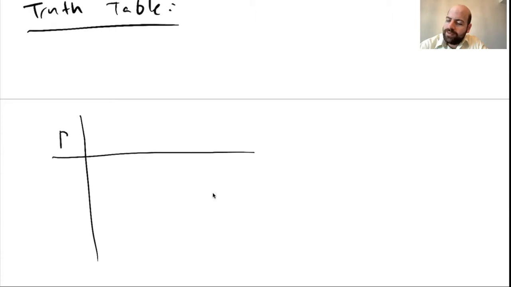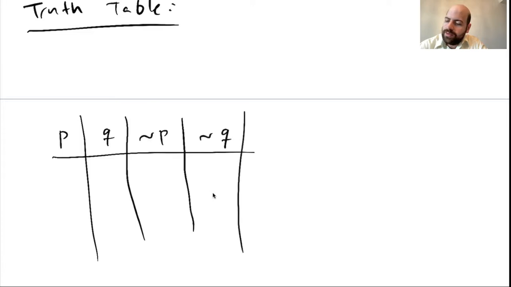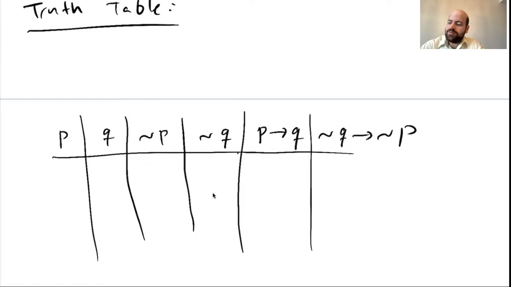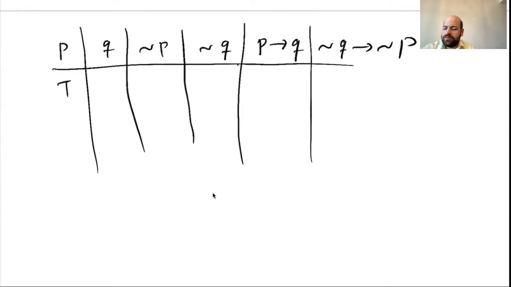You can see we have P, Q, negation P, negation Q, P implies Q, and also negation Q implies negation P. For P and Q we have true, true; true, false; false, true; false, false.